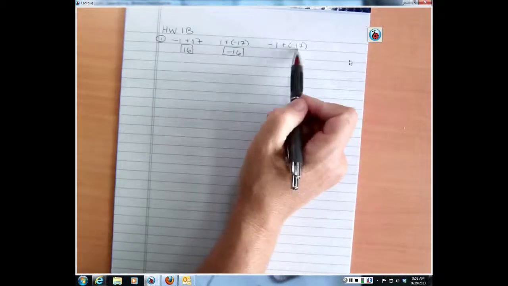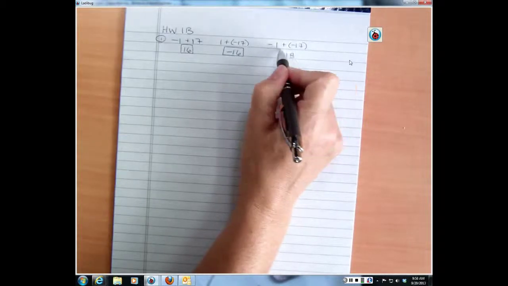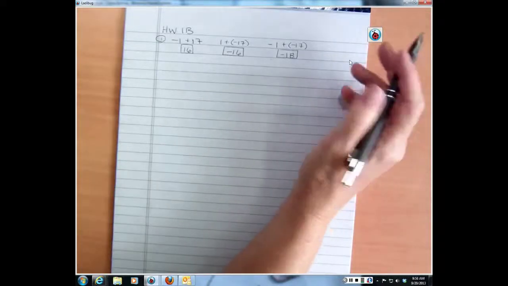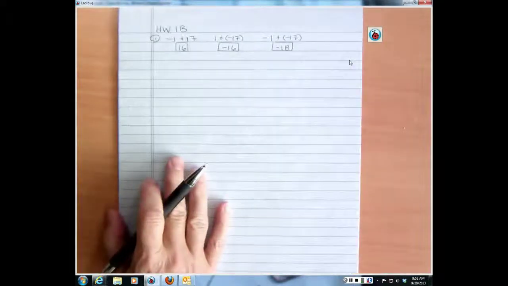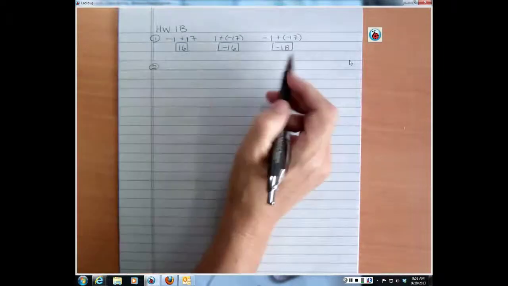I have 17 negatives and another negative, so that makes -18. And of course, if they're both positive, it would be +18. So you have to look at what you have more of, negatives or positives. And if you have all positives or all negatives, then you don't have to ask yourself that question. You just add up all the negatives or all the positives.